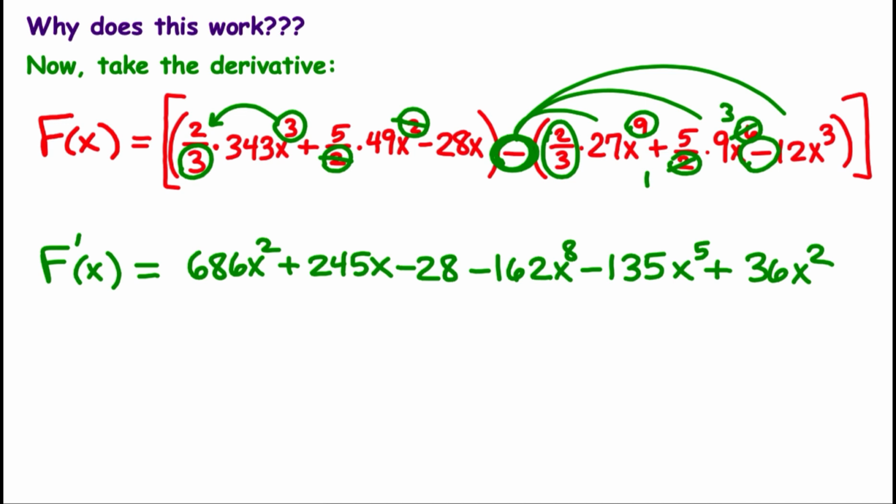All right, let's get some like terms together. 686 and 36 is going to add up to 722. So if we put this in descending order, let's see, the 8th powers come first. Negative 162x to the 8th. Then the 5ths.